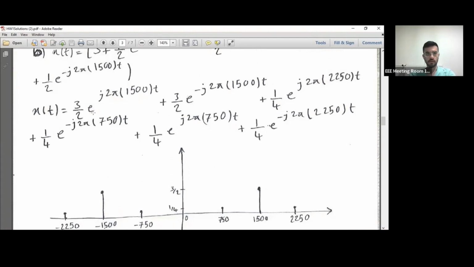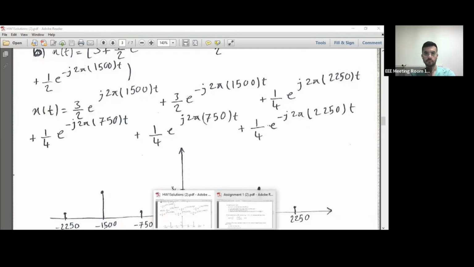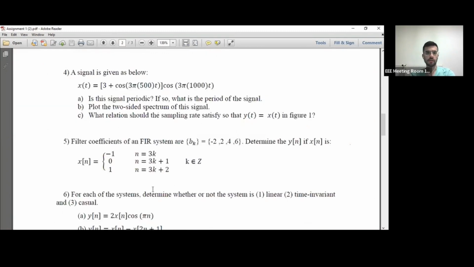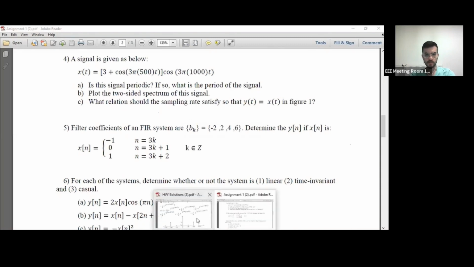So the first term is 3 over 2 at the frequency of 1500. So we have here, and it is 3 over 2 here. At the negative 1500 frequency, we will have 3/2 again, and all of them are positive, and we will do as this one. So this is the two-sided spectrum we plotted here.